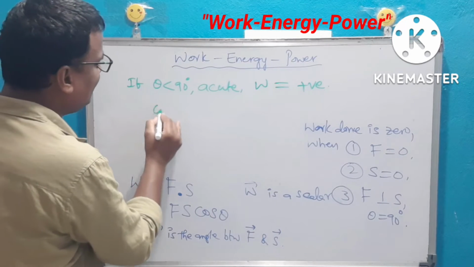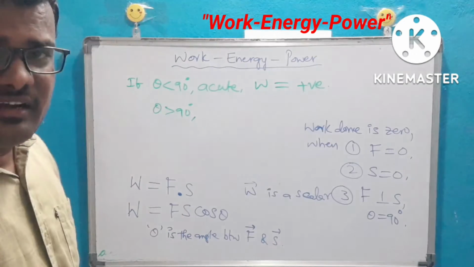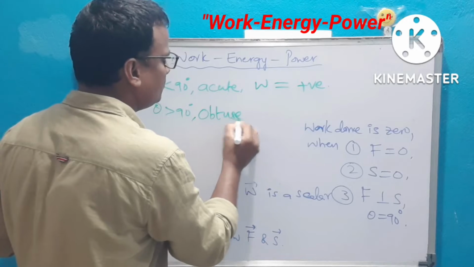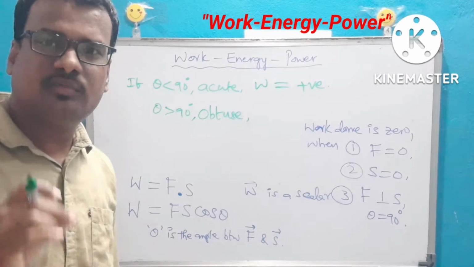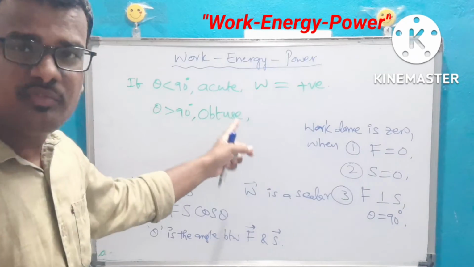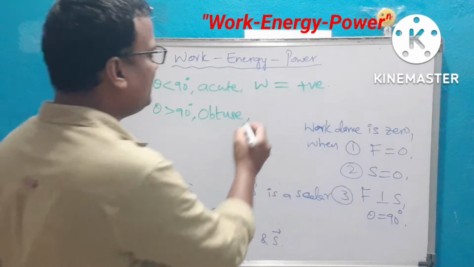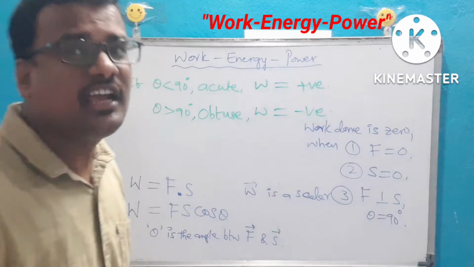If theta is greater than 90 degrees, that means the angle is an obtuse angle. Then the work done can be said to be negative work done.